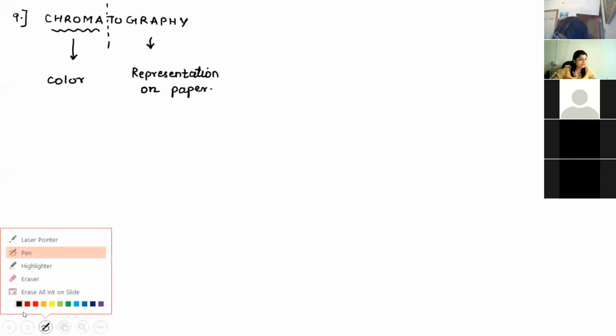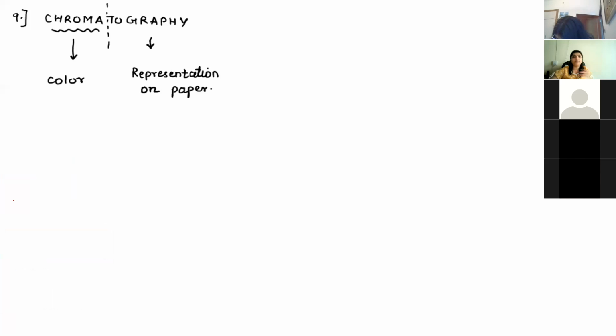Now, where is chromatography used actually? So basically in chromatography there will be a color representation on the paper. So that's called chromatography. For example, chromatography is used to separate dyes from ink.